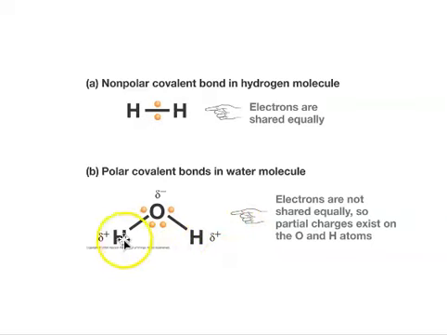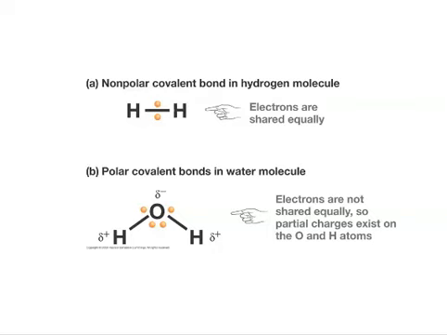You can see that both of the hydrogen atoms are partially positive, and the oxygen atom is partially negative. Now, it's important to know that partial charge is very different from a true charge that you might see on an atom. Water is not charged. Water is a neutral molecule. But within the molecule, there are partial charges.